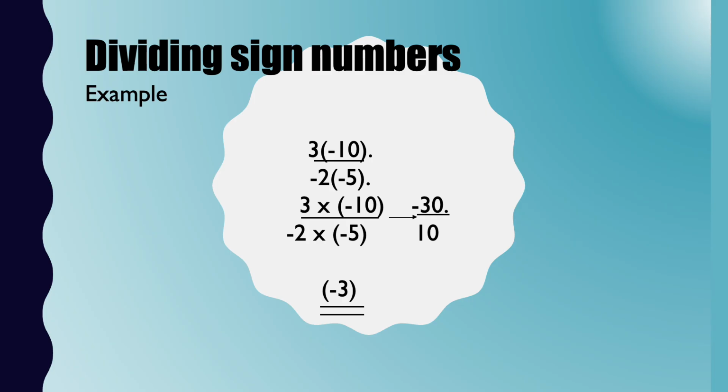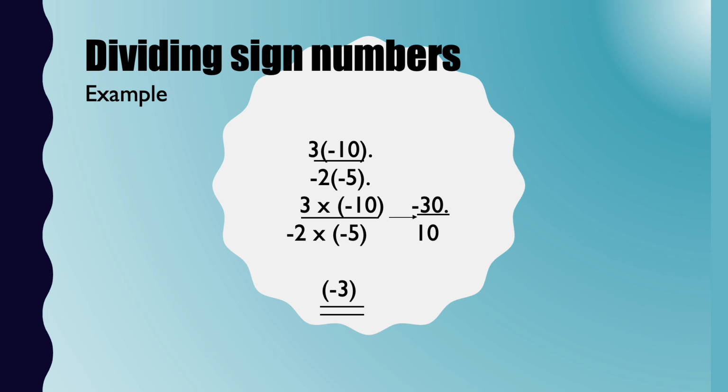What is the sign of the number 3? Plus. What is the sign of 10? It is a minus. Plus multiply minus is different signs. When you multiply different signs, the answer is always minus, so it is going to be minus.